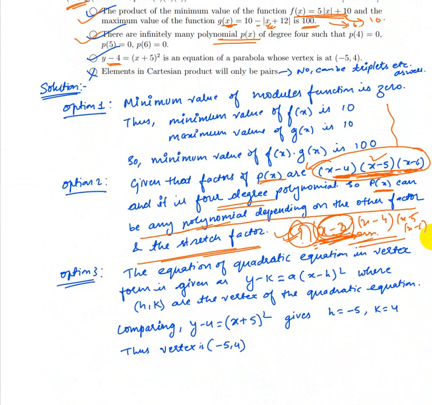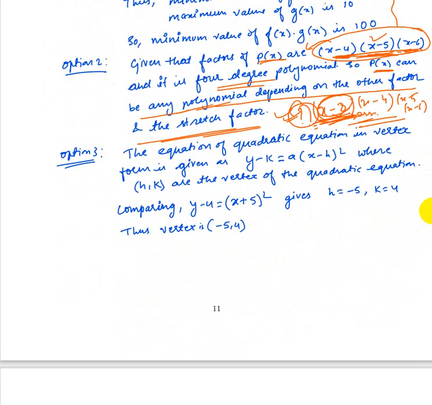y minus 4 is equal to (x plus 5) whole squared is an equation of the parabola whose vertex is at (minus 5, 4). So this is again correct, because the quadratic equation in vertex form is given as y minus k is equal to a(x minus h) squared, where (h, k) is the vertex of the quadratic equation.